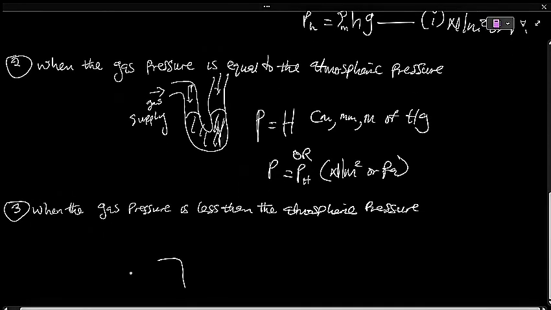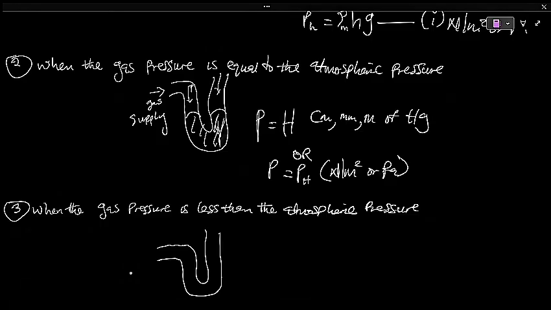Since the gas pressure is less, the atmospheric pressure will exert more pressure than the pressure coming from the gas supply, so the height of mercury on the gas supply limb will be higher than that of the atmospheric limb.